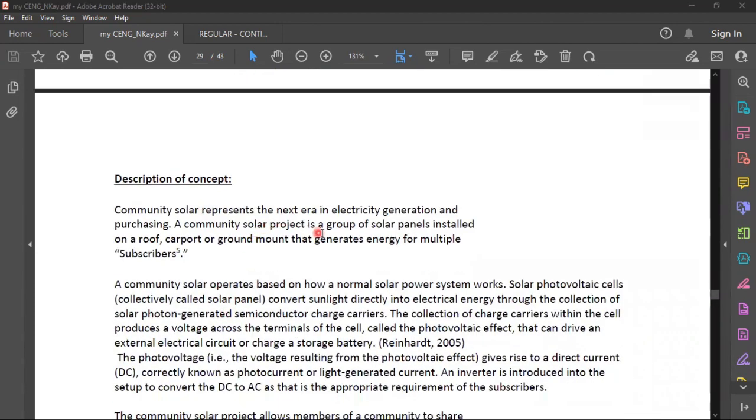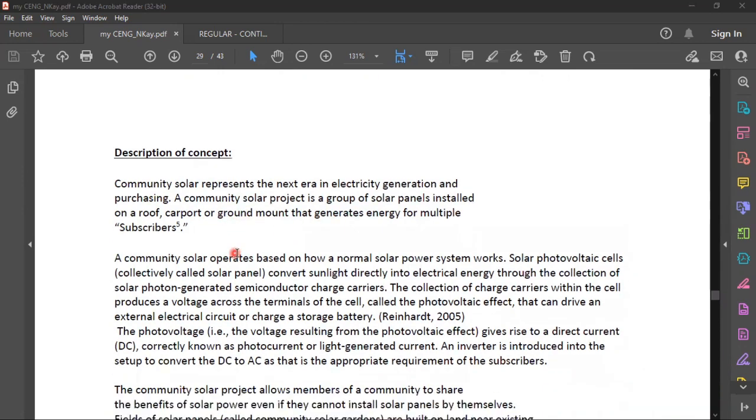Community solar represents the next era in electricity generation and purchasing. So he's saying that a community solar project is a group of solar panels installed on a roof, carport or ground mounts that generates energy for multiple, in quotes, subscribers. You get it? Good.